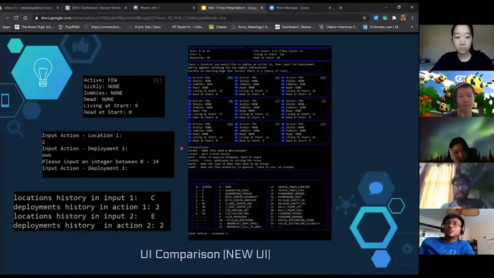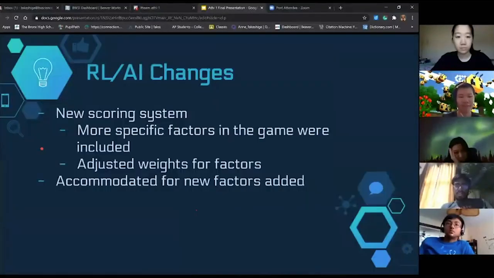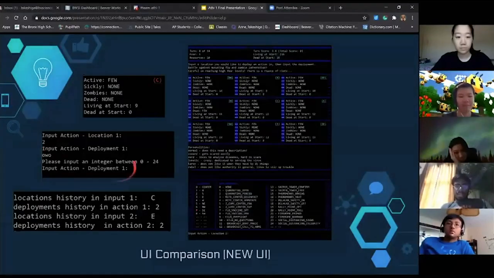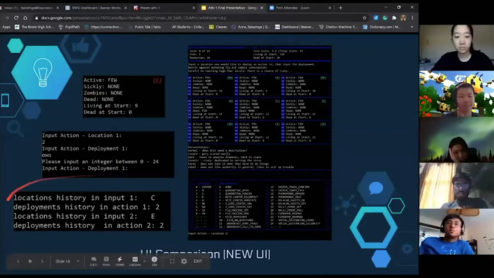Also, we added an indication as to whether or not the input they entered is a valid action. Also, the game won't break if it's a wrong input, but instead it will ask again. We also added a quality of life improvement in that the location selected will turn red once they're placed to deploy. And finally, we added deployment and location chosen history.